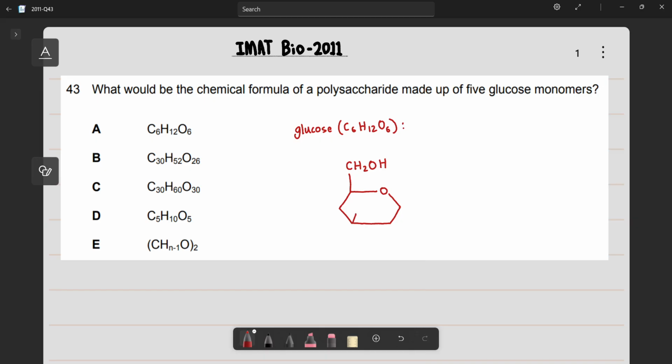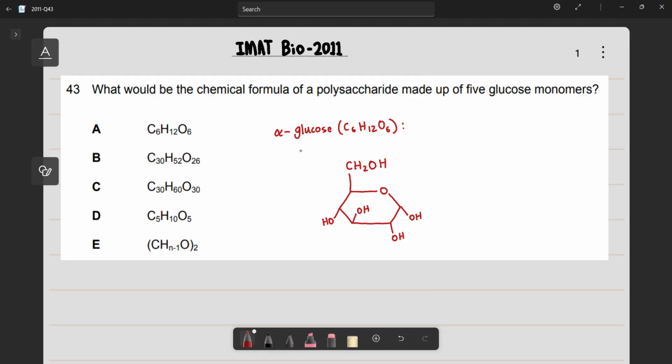Okay, so we have hydroxyl groups over here, like that. So this is the chemical structure of glucose, and the most important thing you must know is that this specific structure of glucose is actually the alpha glucose structure.